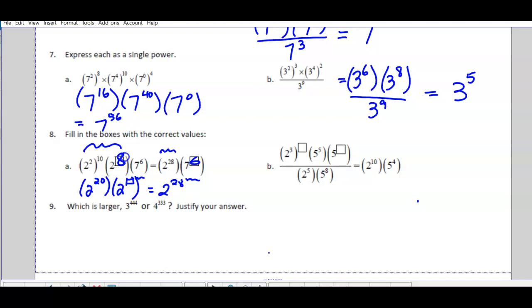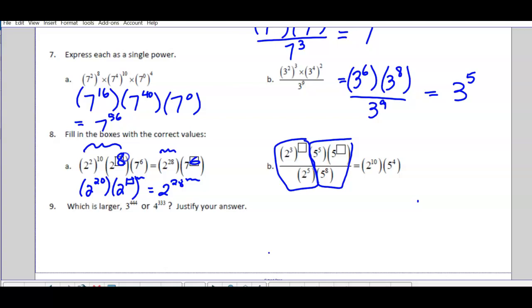Next one has even more brackets. That whole quotient is equal to 2 to the 10 times 5 to the 4. So we kind of want to group them. There's the 5s, and there's the 2s. Okay, they're kind of grouped anyway. And so here, we figure out what this is so that we take the power of a power, we multiply those together, and subtract 5, because we're dividing, to get 10.